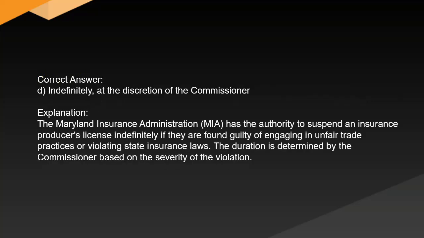Correct answer: D, indefinitely at the discretion of the Commissioner. Explanation: The MIA has the authority to suspend an insurance producer's license indefinitely if they are found guilty of engaging in unfair trade practices or violating state insurance laws. The duration is determined by the Commissioner based on the severity of the violation.